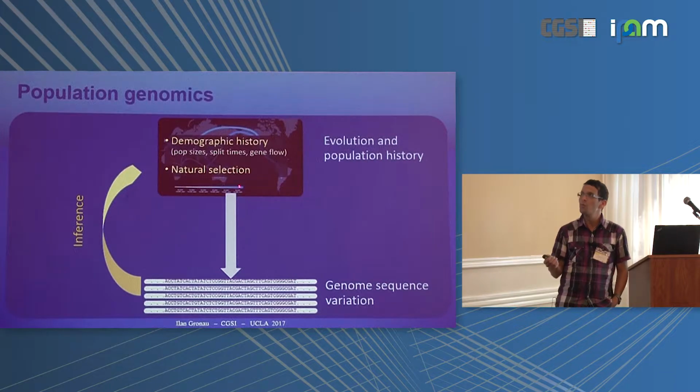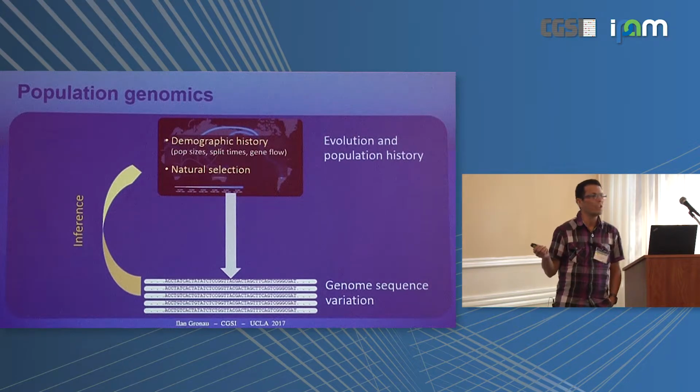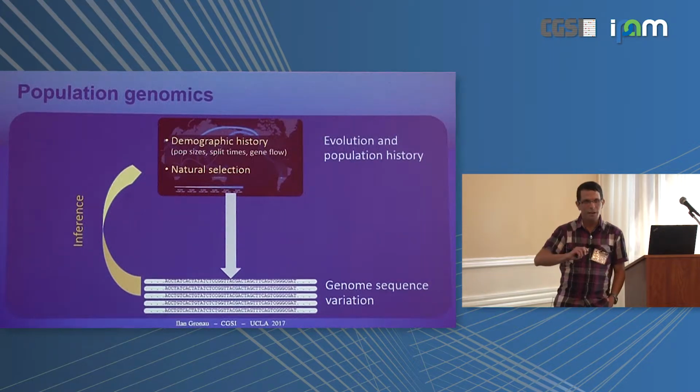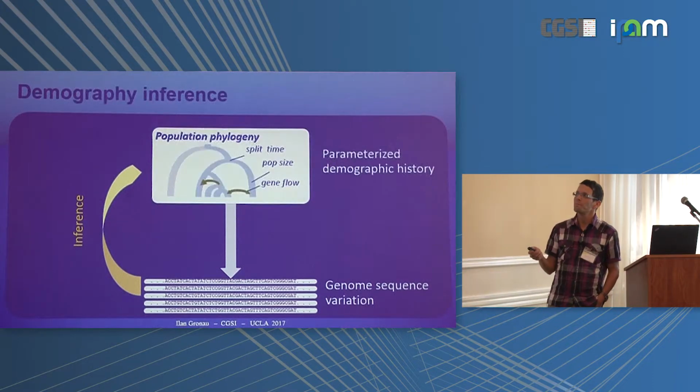There are two main components to this, and I'm going to talk only about the first one, which is reconstructing the demographic history of a population. There's another great application to studying natural selection and evolution that I'm going to completely ignore during this tutorial.